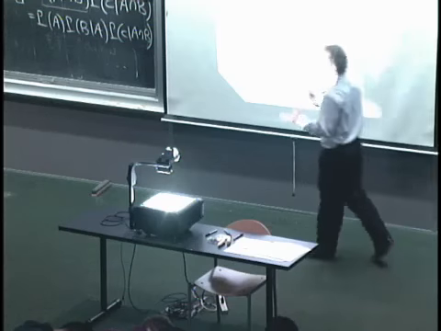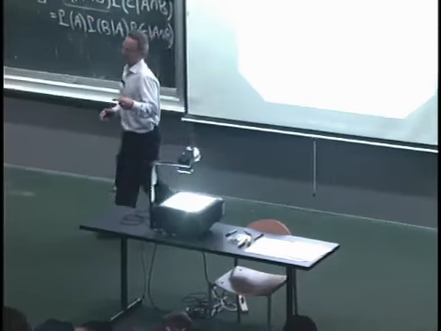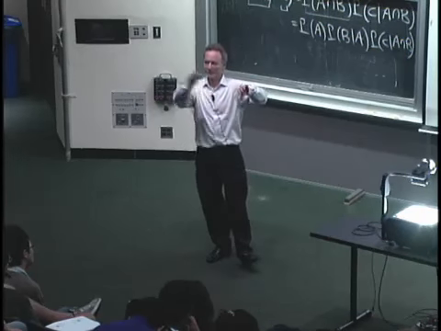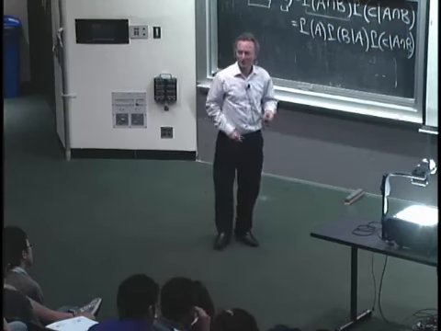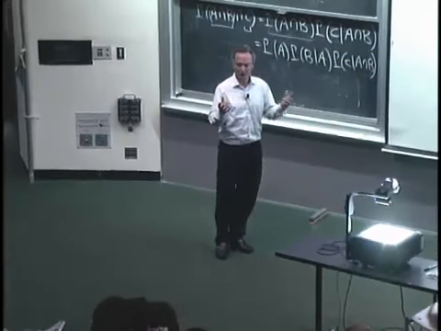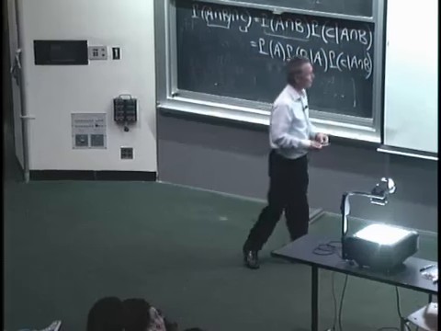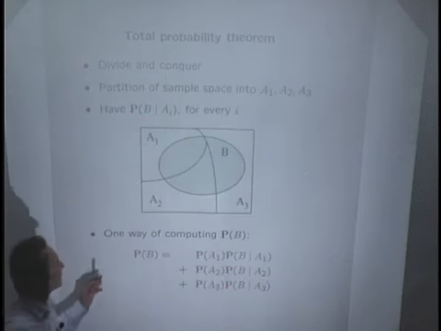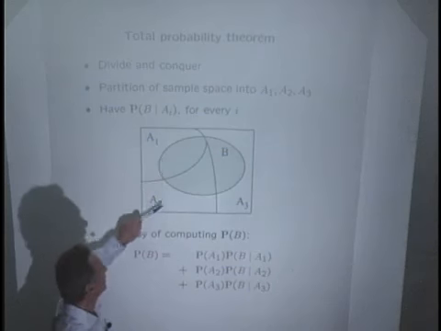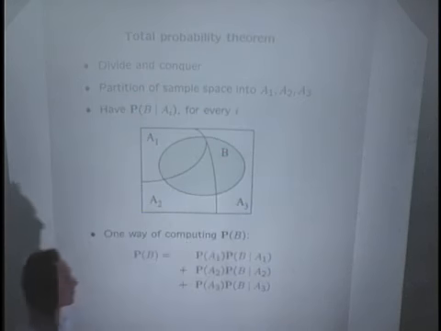and the sample space is partitioned in a number of sets. In our radar example, we had a partition in two sets. Either a plane is there or a plane is not there. Since we're trying to generalize, now I'm going to give you a picture for the case of three possibilities or three possible scenarios. So whatever happens in the world, there are three possible scenarios, A1, A2, A3.